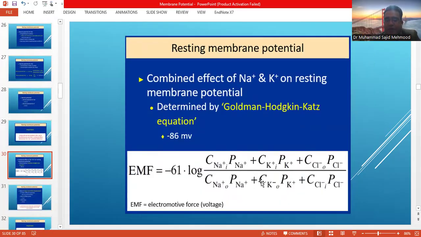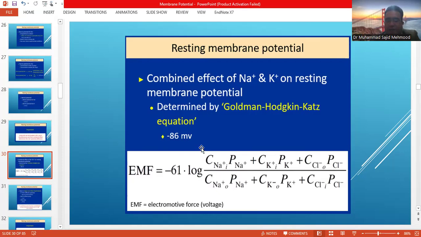For that, we use another equation which is called the Goldman-Hodgkin-Katz equation, in which the resting membrane potential comes to be about minus 86 millivolt due to the effect of sodium, potassium, and chloride ion.